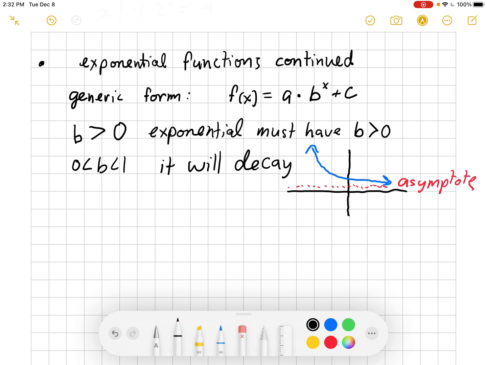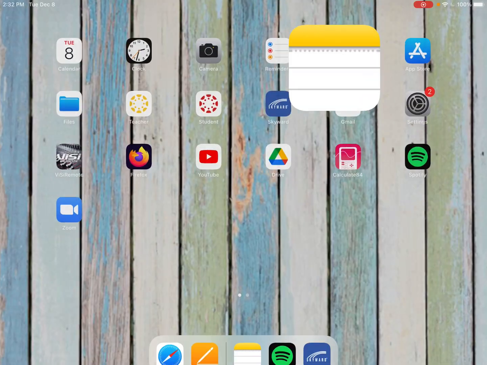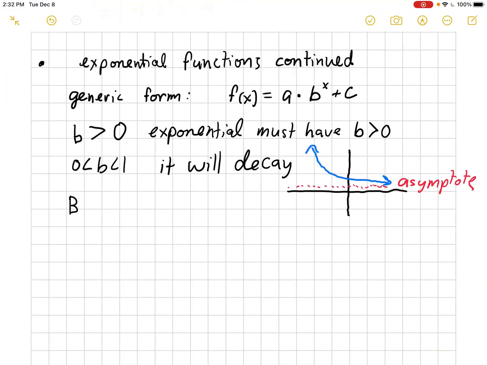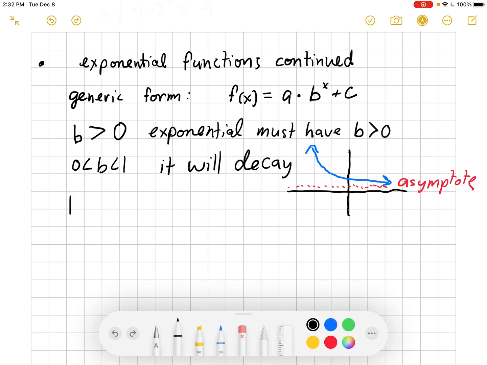Okay, if b is bigger than 1, oops, I did a capital B again, didn't I? It will follow a growth pattern. I'm going to write it will growth just because I want to stay consistent with the words we've used before, even though I do acknowledge that isn't proper English.